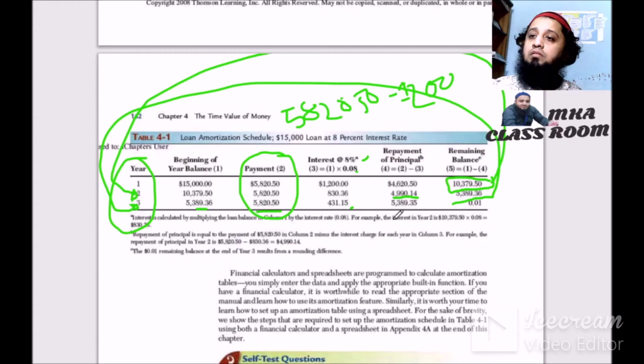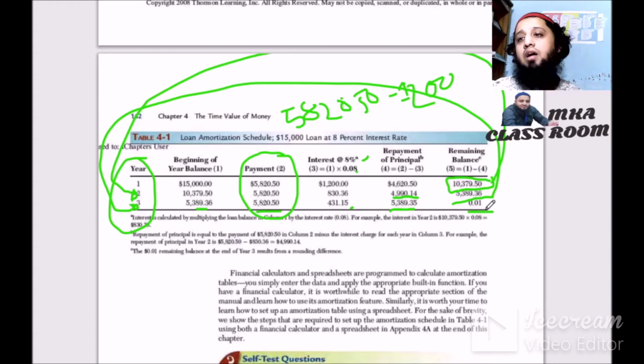Then our principal repayment is 5,389.35, and we get to about zero balance. That is, we have killed off our loan.